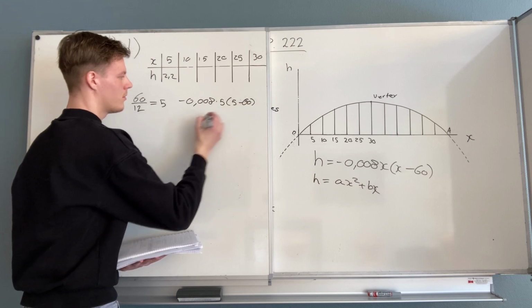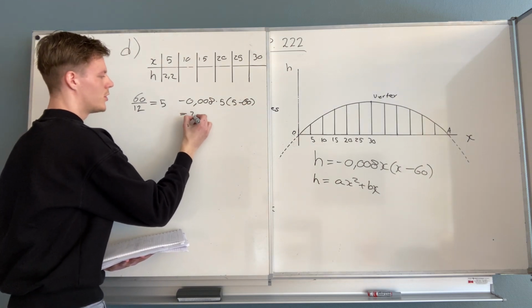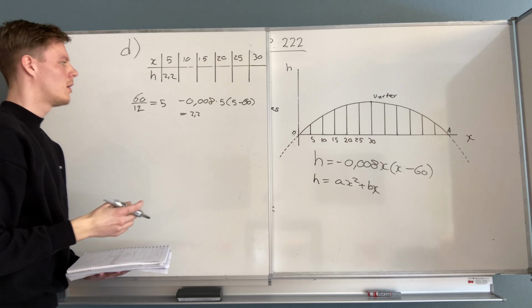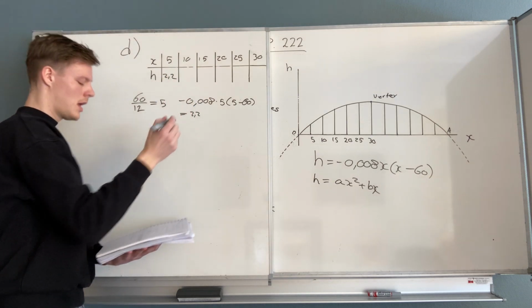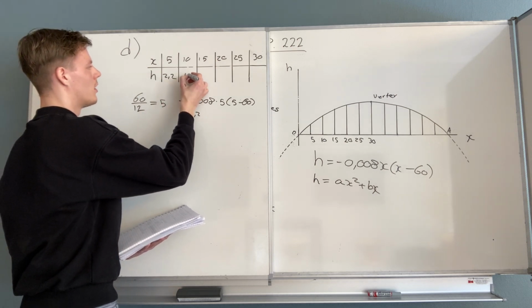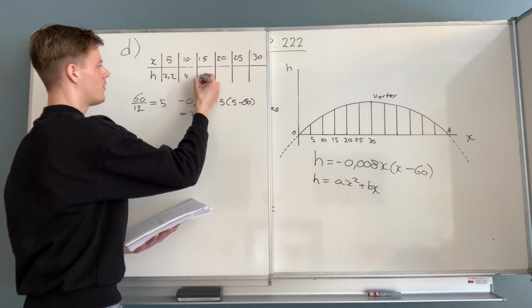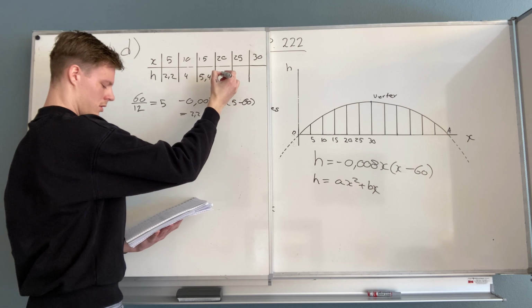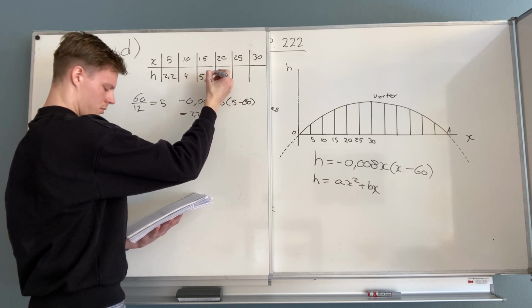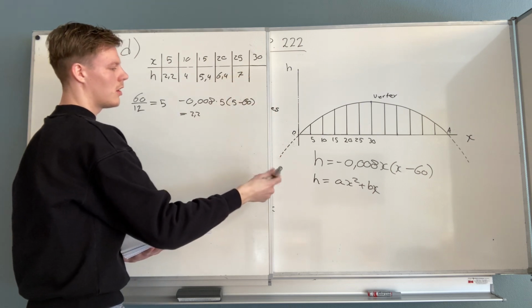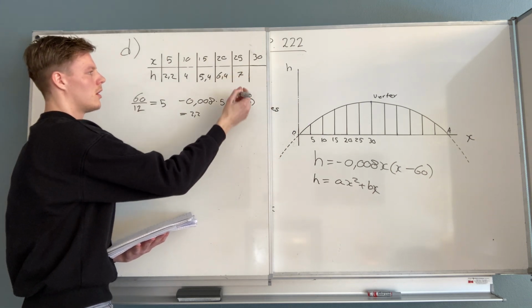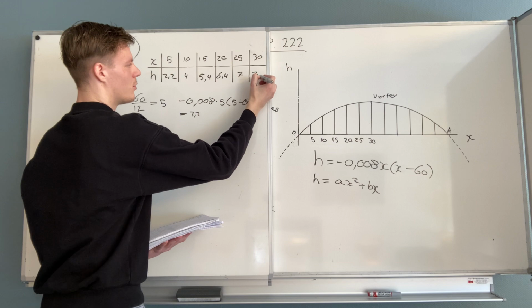Oh, I'm sorry. And this equals 2.2. Okay, well, you do this with every value for x, and you should get the following values: 5.4, 6.4, 7, and we already calculated the height of the vertex, which is 7.2.